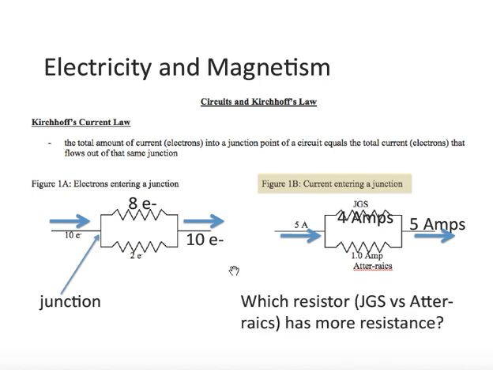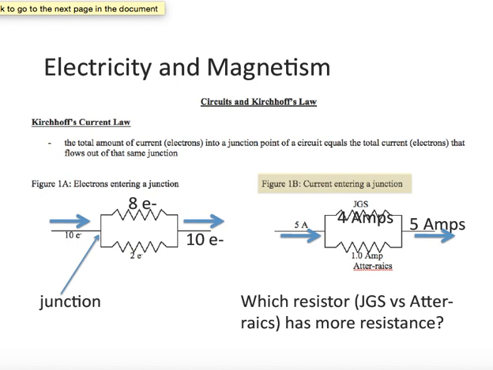Which resistor, JGS versus atarax, has more resistance? So think about that for a moment. 5 amps came in, 4 amps went across load JGS, 1 amp went across the load named atarax. Which one has more resistance? Did you think about it?